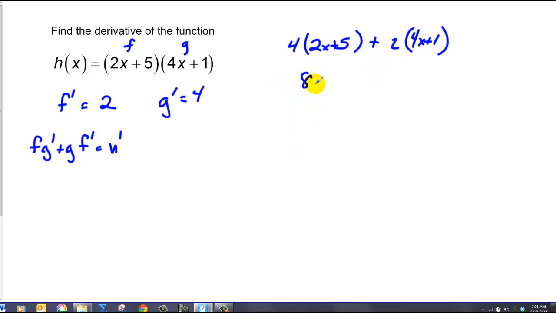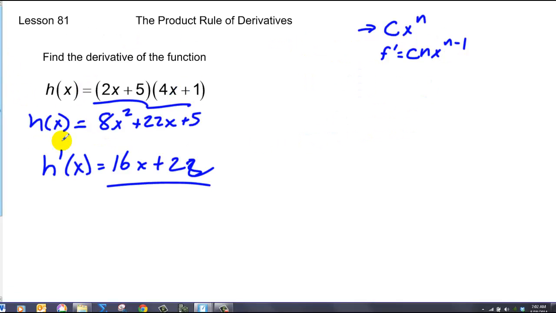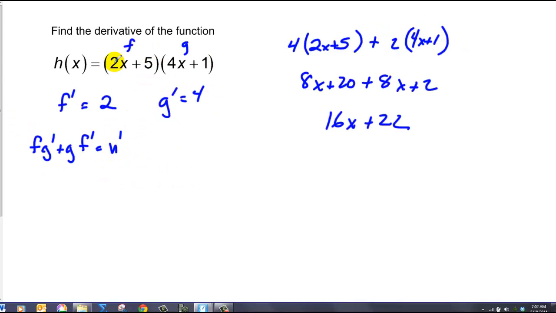Distribute through, I get 8x plus 20 plus 8x plus 2, which I end up with 16x plus 22. And if we look back at our other calculation, 16x plus 22, we get the same value. Granted, this seems like it might take a little bit longer, it's a little more complicated, but once again, we're using the techniques today because they're going to eventually help us in the long run.